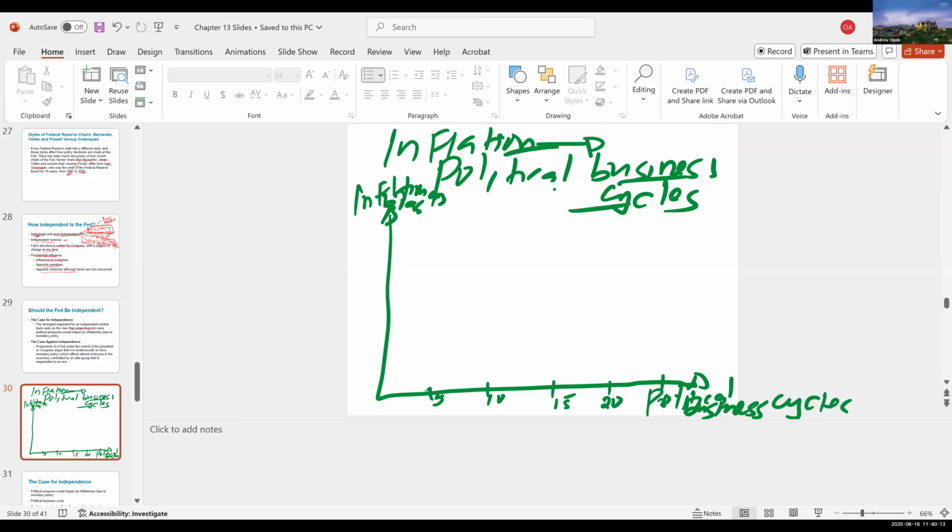So let's say a president is serving, and their first term is about to come to an end. When that term is about to end, somewhere here, they're going to print money because there's corruption.